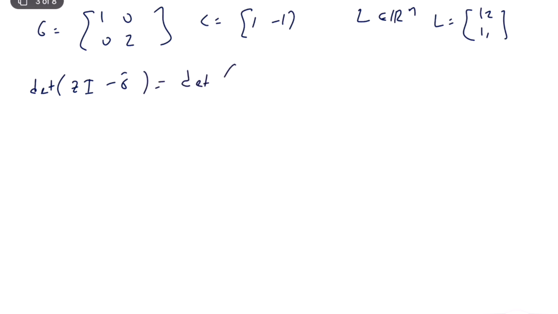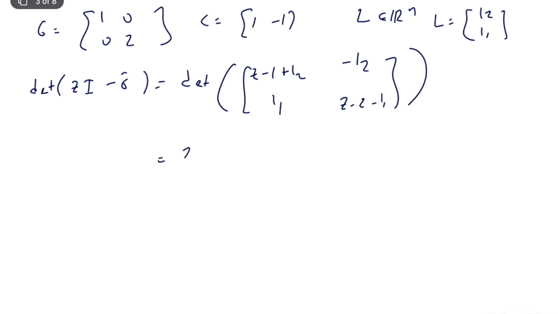This is equal to the determinant of [Z minus 1 plus L2, minus L2; L1, Z minus 2 minus L1]. You can check my computations. They should be correct. My actual characteristic equation is this: Z squared plus (L2 minus L1 minus 3) Z plus (L1 minus 2 L2 plus 2).